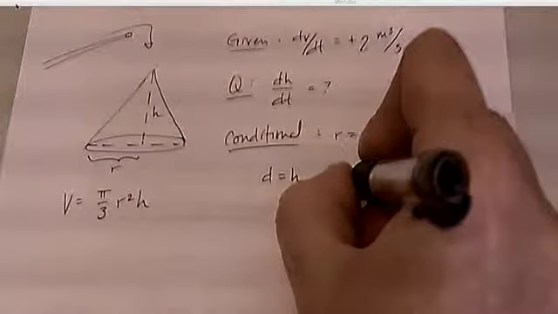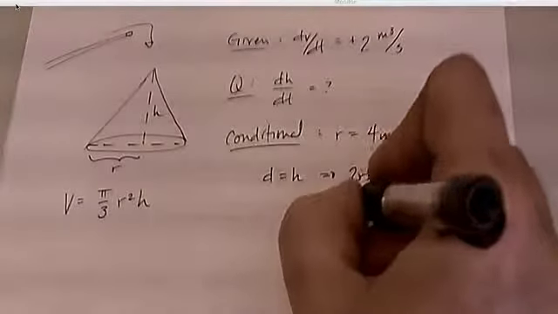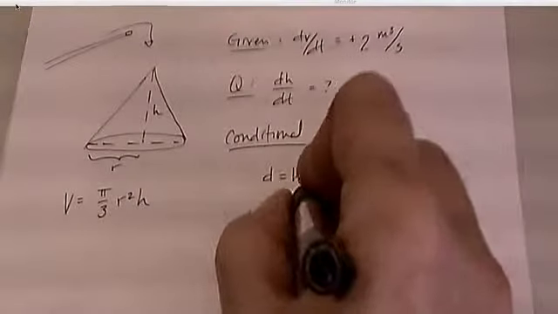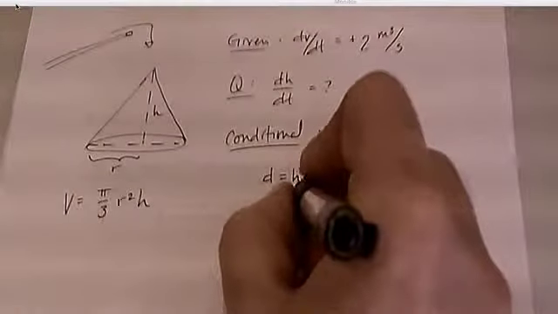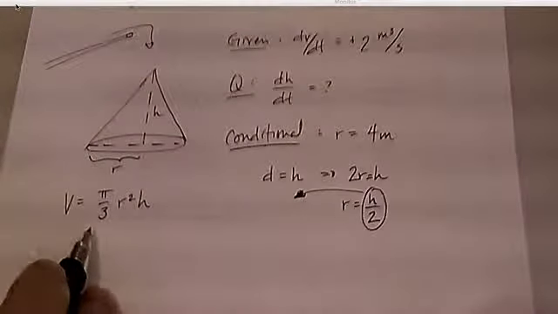Well, that tells me that 2 times the radius is equal to height, okay? So if 2 times the radius is equal to height, then radius is equal to height over 2. And that gives me something that I can plug in for r over here, in order to turn this from an equation of 3 variables into an equation of 2 variables.